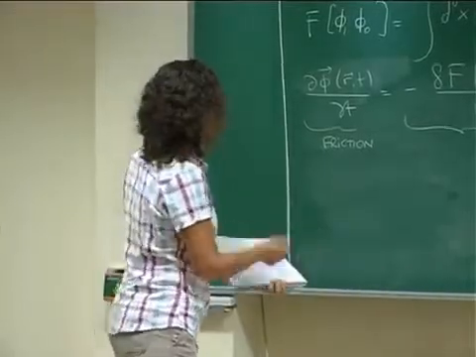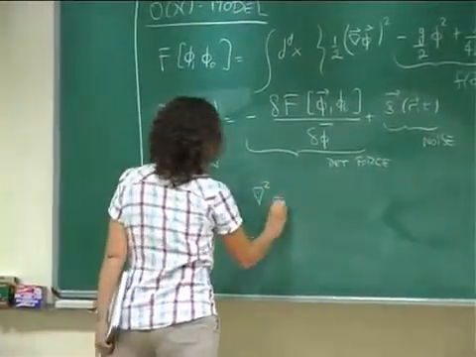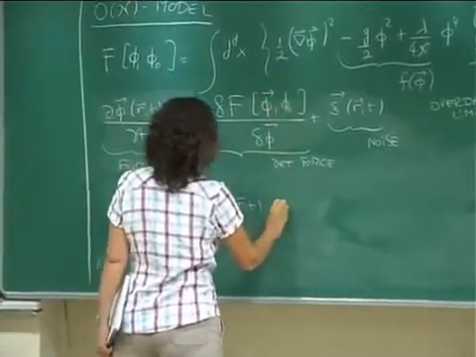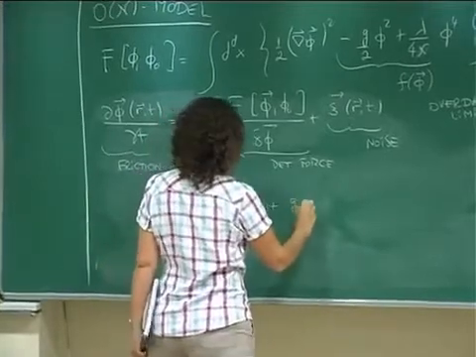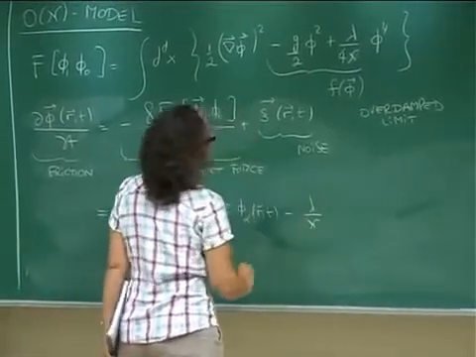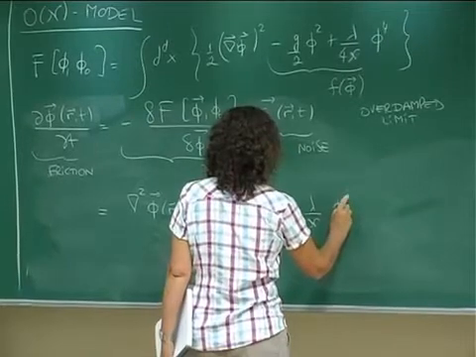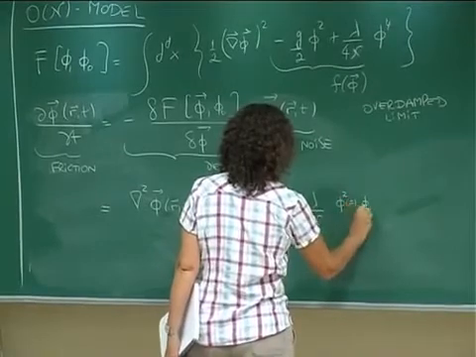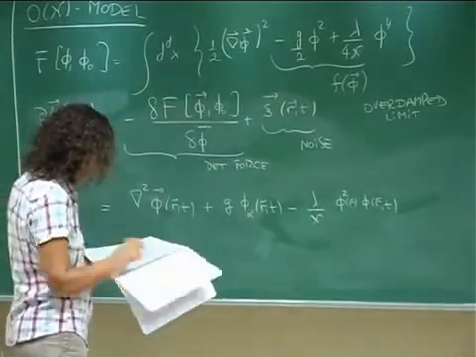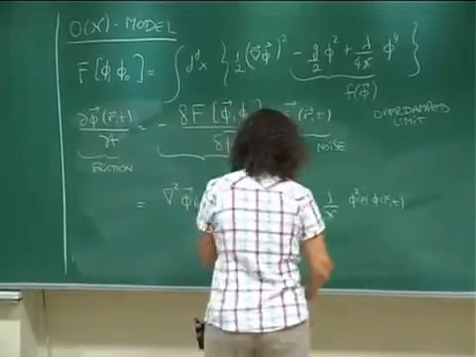Okay, so here we are. So now, if I look at this term, I will have nabla squared of the field, which comes from the first one, and then plus G, P alpha R of t minus lambda for goes n, and here I will have phi squared, phi alpha, of r and t.